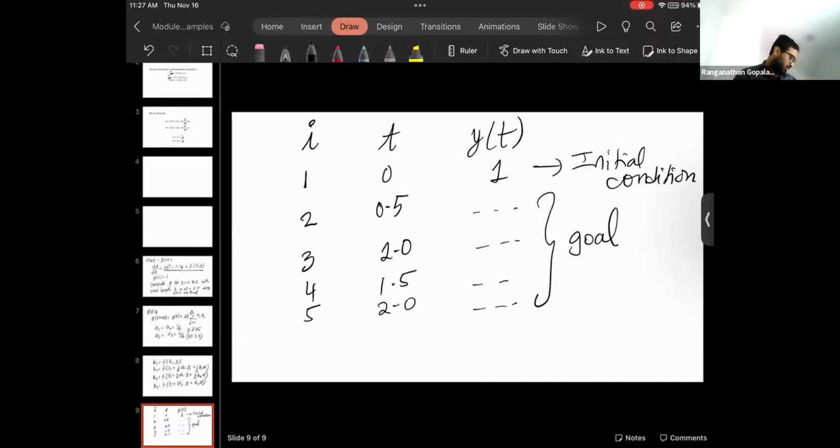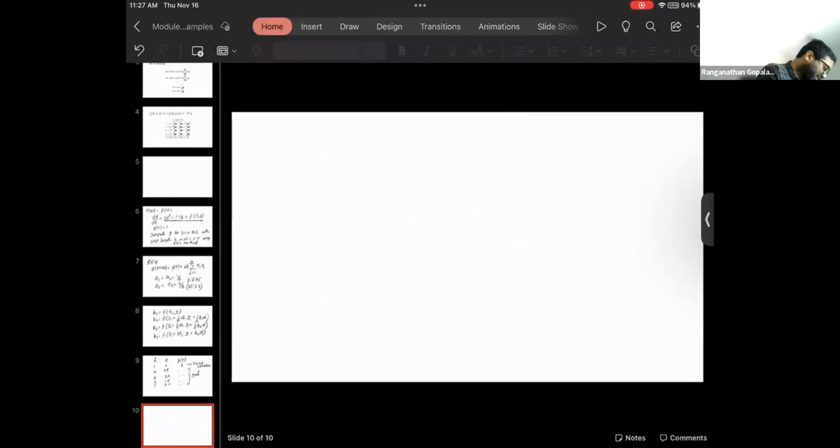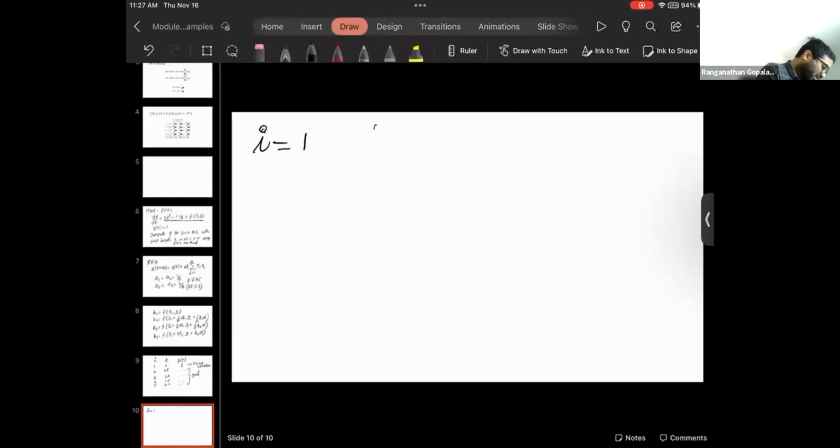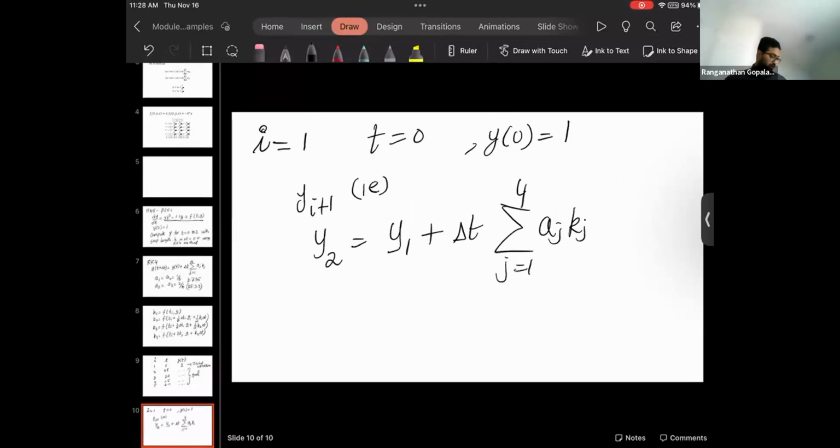Okay. So once you've made this table, what you want to do is start with the first step. i equals 1, t equal to 0, y of 0 equal to 1. So you want to compute i plus 1. So that is y2 equal to y1 plus delta t multiplied by the sum of aj kj, j equals 1 to 4.